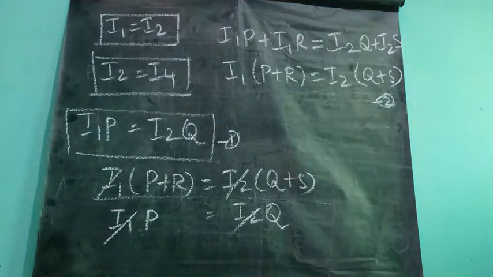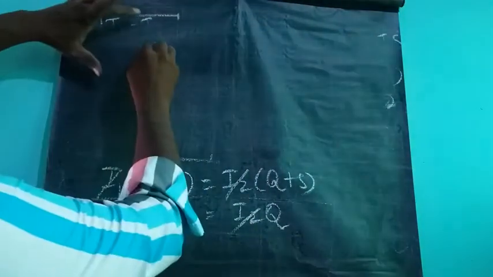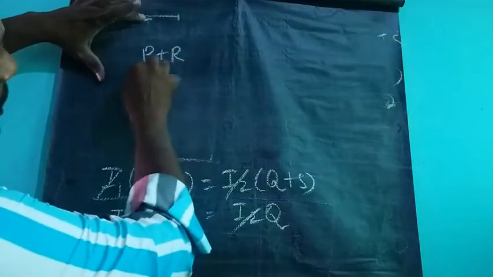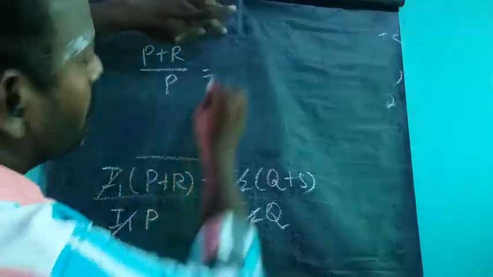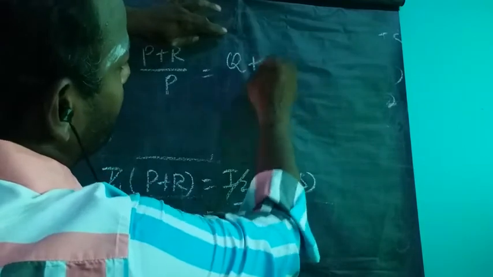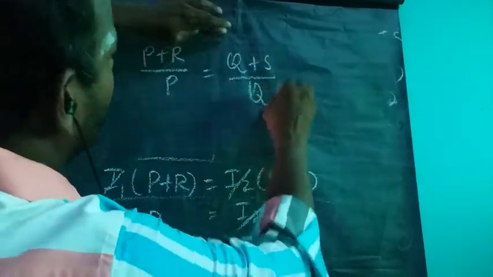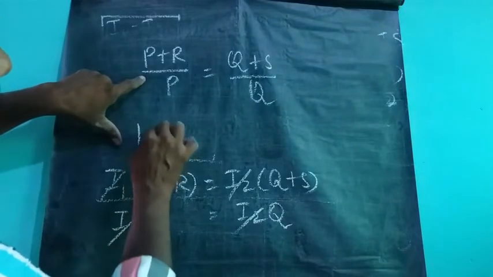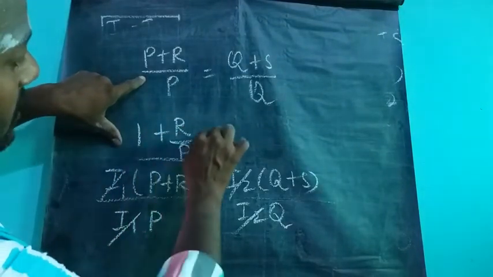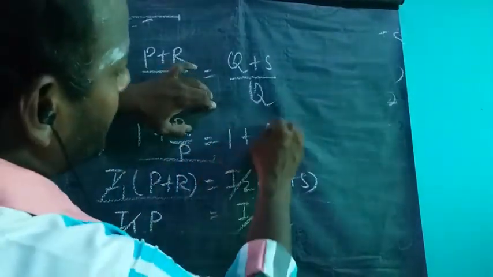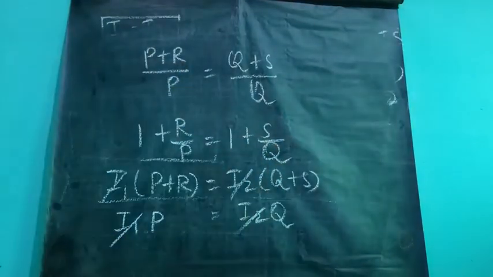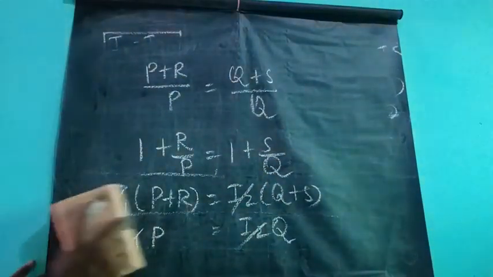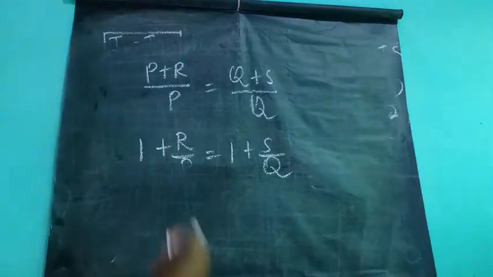The remaining term I have got is P plus R by P is equal to Q plus S by Q. Or in other words, 1 plus R by P is equal to 1 plus S by Q. Now I can cancel 1 on both sides.